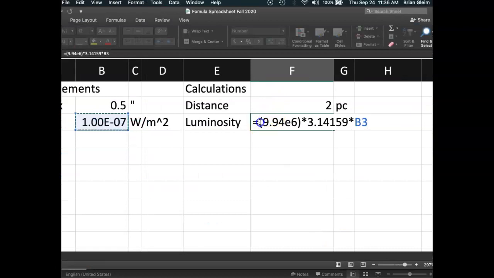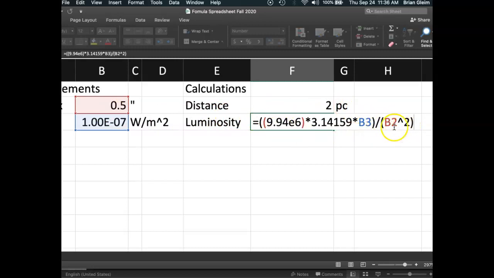So I want to take all of this. I'm going to multiply these three things together: 9.94 times 10 to the 6, that constant, times pi, times the flux. And then I'm going to divide by the parallax squared. I'm multiplying these three things together on top.